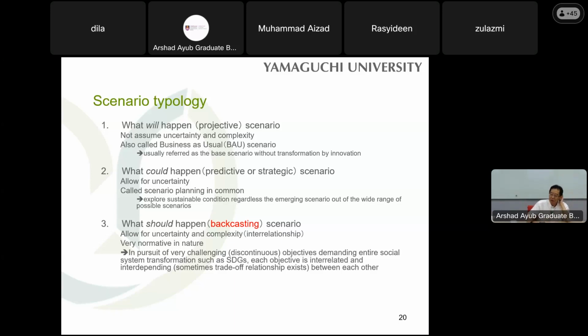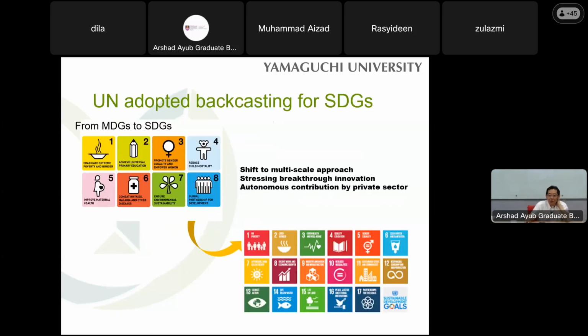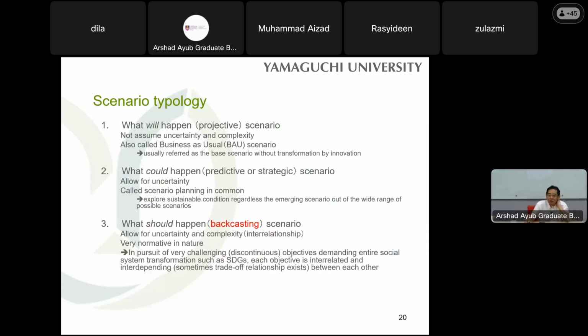And each objective, as in this slide, is interrelated or sometimes interdependent.